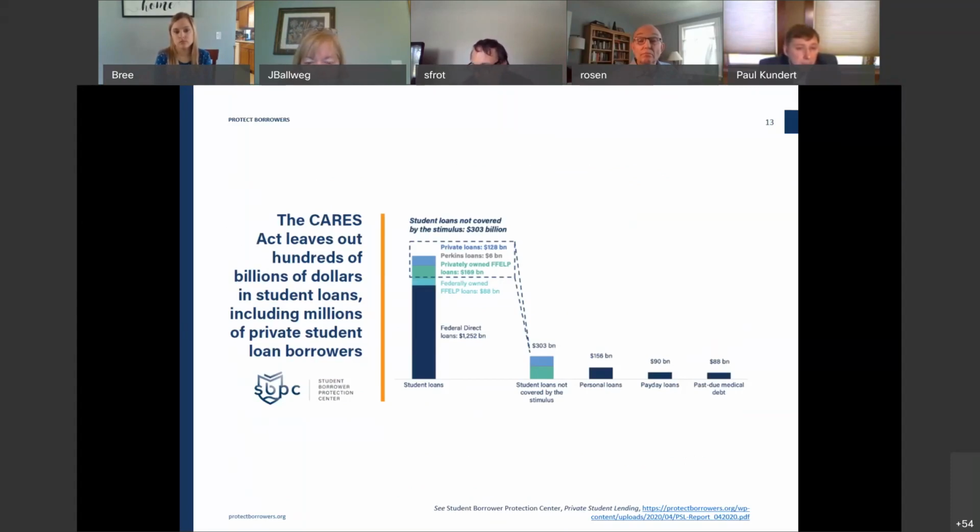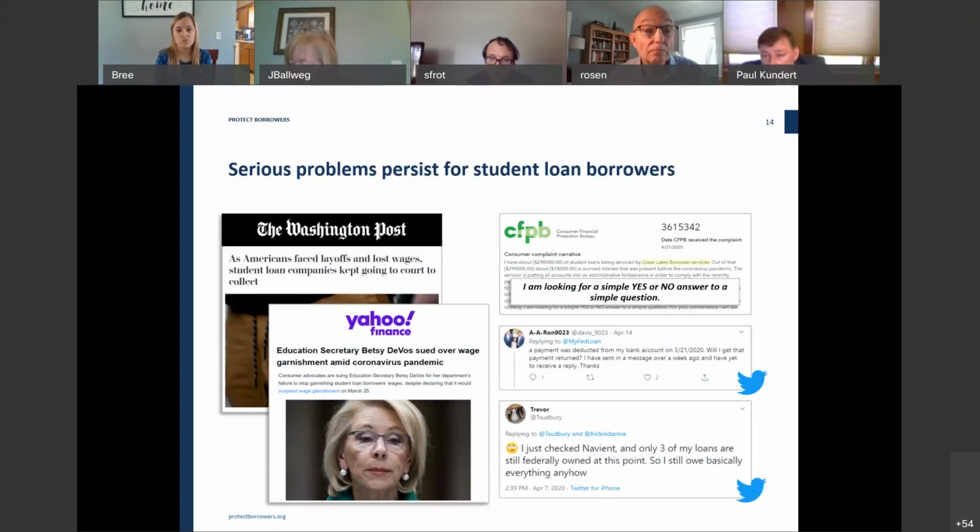We have a significant report out there, if you are interested I can share it, that shows how significant private student debt has become, even if it seems so much smaller than the federal student loans. It doesn't touch any of the older bank-based federally guaranteed loans, which many borrowers who are old like me continue to have. And it doesn't have any guaranteed protection for Perkins loans. So there are a lot of borrowers who have gotten no help from Washington on their student debt.